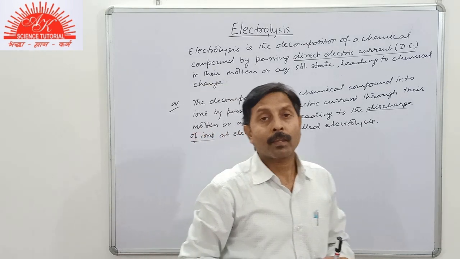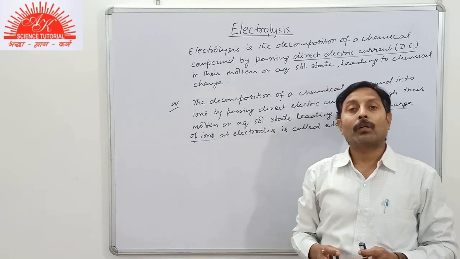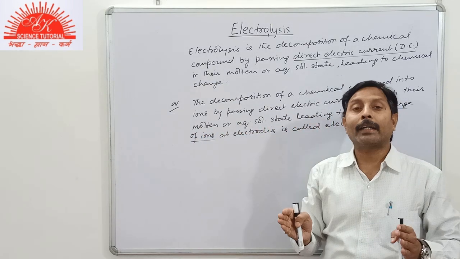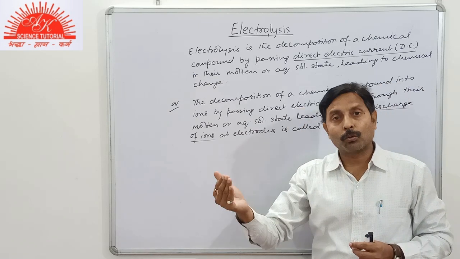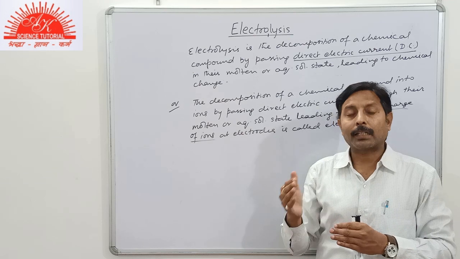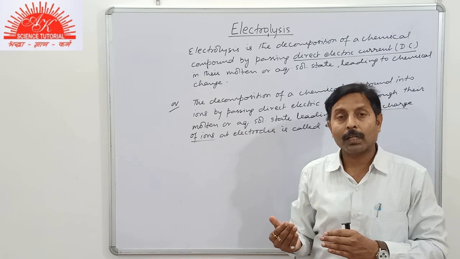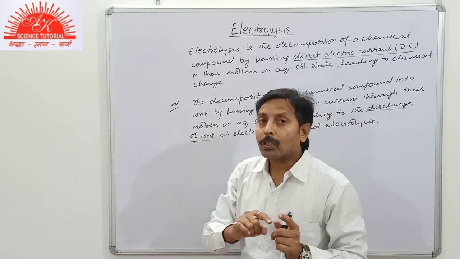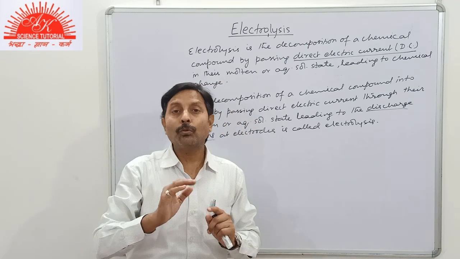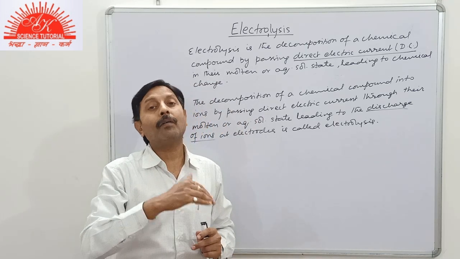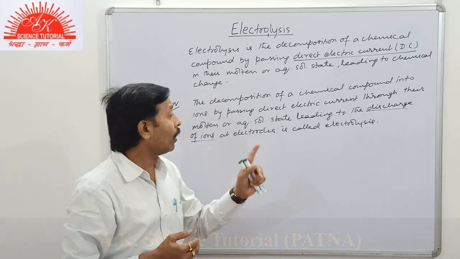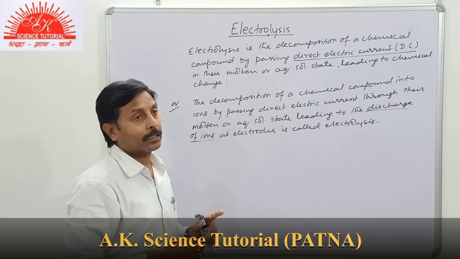What is it? When the chemical compound is decomposed into ions, now these ions migrate to the electrodes, that is positive and negative electrodes, and by losing or gaining electrons at the electrodes, they become neutral. This is called discharging of ions.